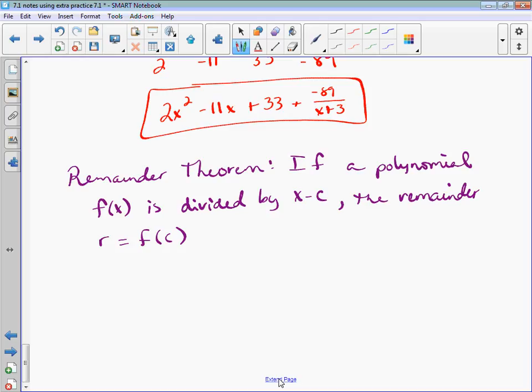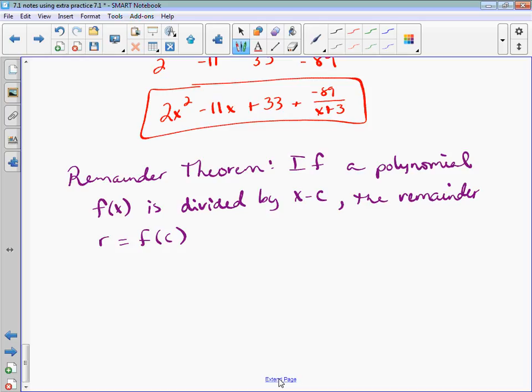What does that mean? Plug in the thing, it's equal to the thing. So guys, if you had x minus 3, and you took your 3 and plugged it into the function, did f of 3, whatever that number is going to be the same as your remainder. Why might that be helpful?